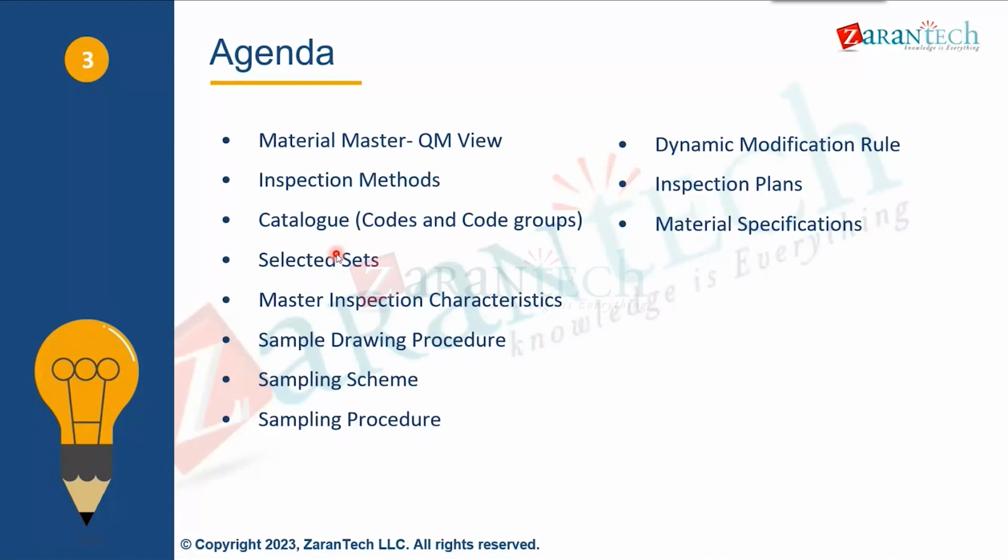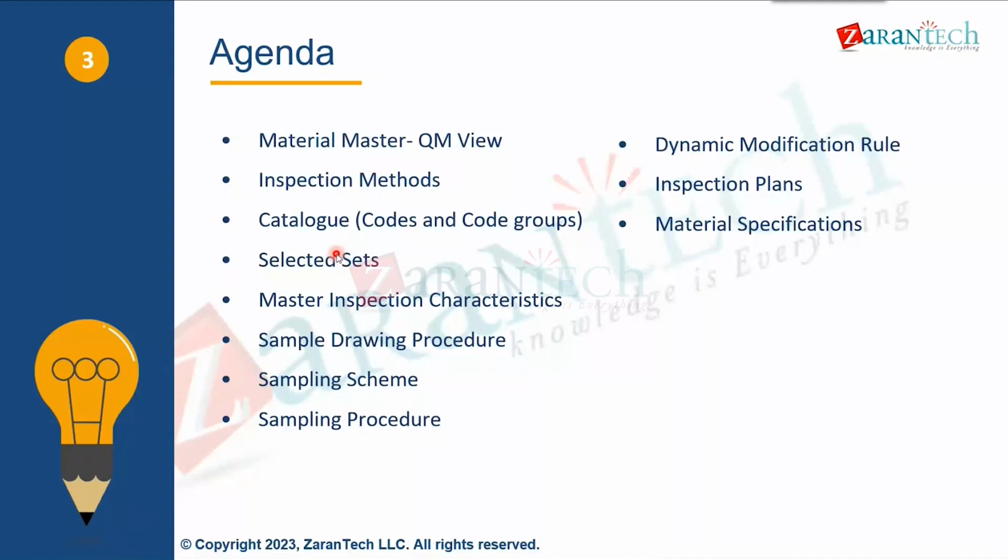What about for characteristics? 1 will be for characteristics. The code groups you create for catalog type 1 you will use for results recording of the qualitative characteristics, and whichever you create for catalog type 3 will be used during usage decision. You will use these codes for evaluating and closing the inspection lot.